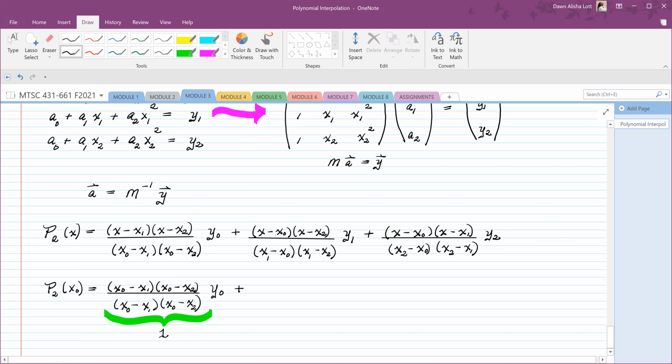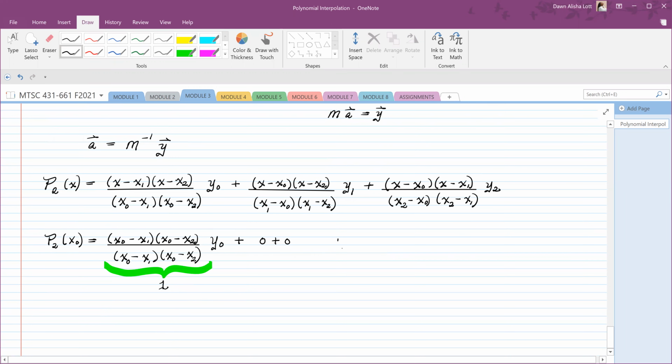And notice if I put x0 in the second term, I get 0, and if I put x0 in the third term, I get 0. So yes, I am very happy that P2 of x0 is y0. Similarly, P2 of x1 will be y1, and P2 of x2 will be y2. So my polynomial does exactly what I need it to do.